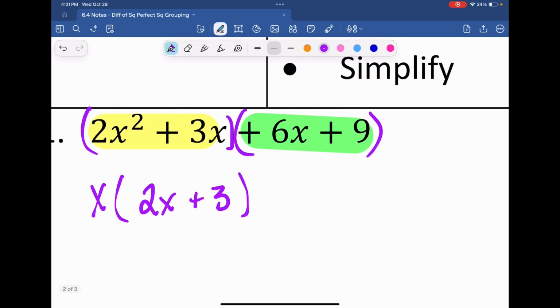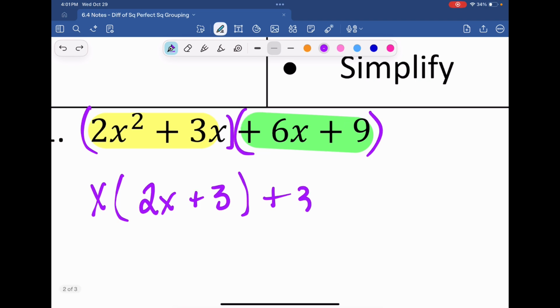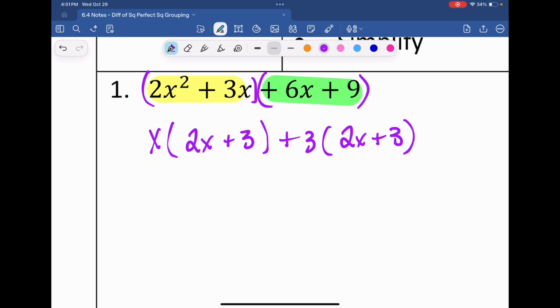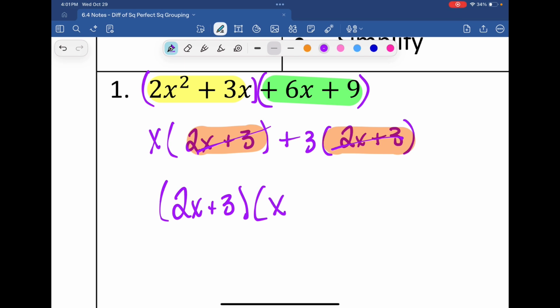Second group, plus sign, because of the plus sign. And its GCF is 3. So 6x by 3 is 2x, 9 by 3 is 3. Common binomial. And whatever is left.